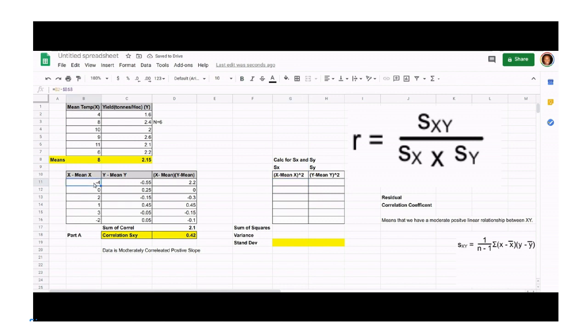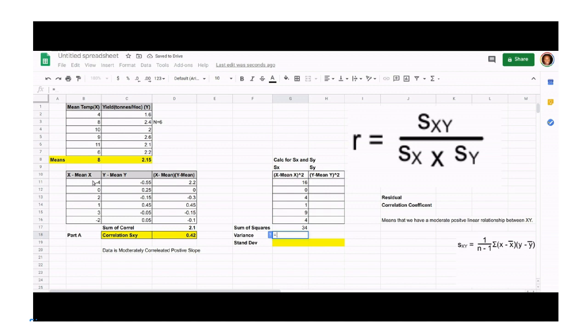To do that, we have to go under the X minus mean and squared. We're going to go to the section where we have our mean of X, and we're going to times that by itself. Get an answer. That's 16. Negative 4 times negative 4 is 16. Then we copy that information down, and that gives us the sum of our squares. So now we got to figure out the sum of our squares in order to calculate our variance. So we sum up all the cells above to get 34.